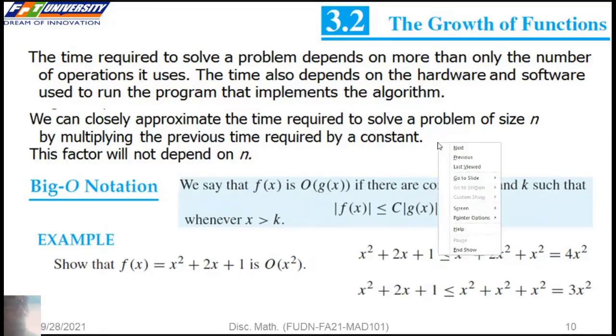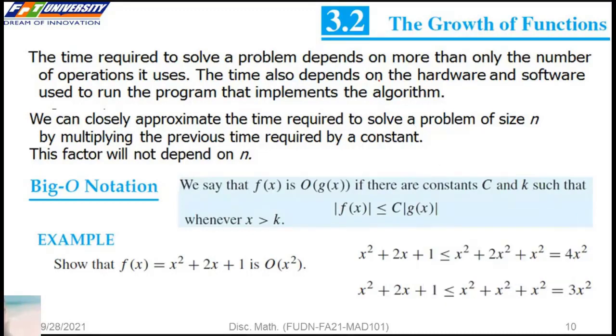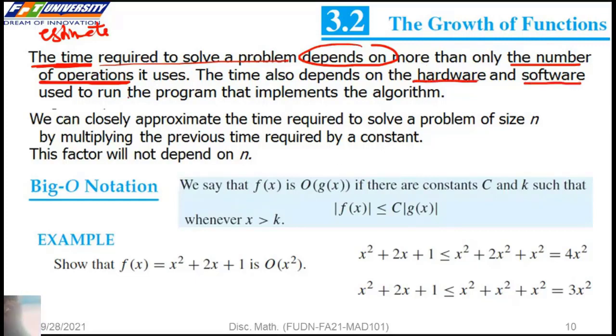Okay, so now we talk about the complexity of the function. We want to estimate the time required to solve a problem. Because the time depends on the number of operations, it also depends on the hardware and the software. We can approximate the time required by the number of operations.